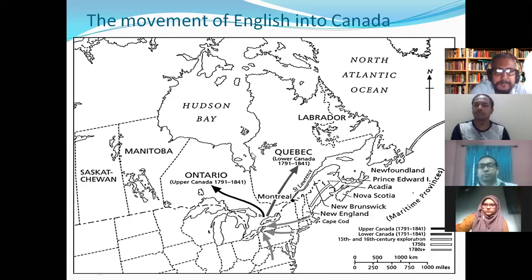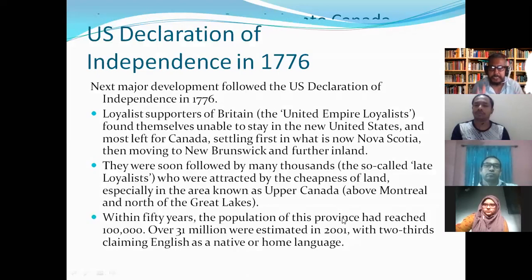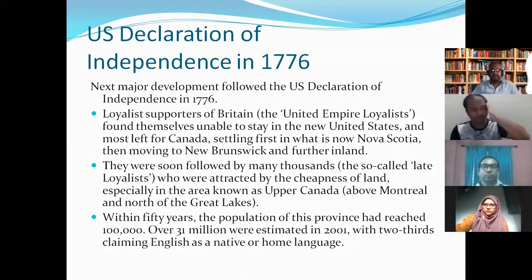So the late loyalists went to Canada because the land there is very cheap, especially to Upper Canada, that means Montreal and the north of the Great Lakes. Within 50 years, the population of this province had reached 1 million.